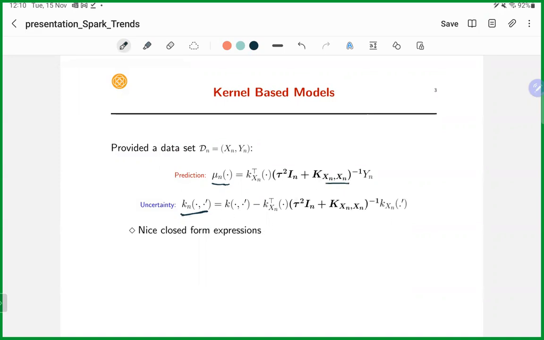This Kxn is the covariance matrix, or the kernel matrix, which is the pairwise value of the kernel between these two points. And Kxn dot is the kernel between the observations and the point of interest. Yn is the value of observation. These are general formulas, but the important thing is that we have closed-form expressions based on data for these two quantities, prediction and uncertainty.